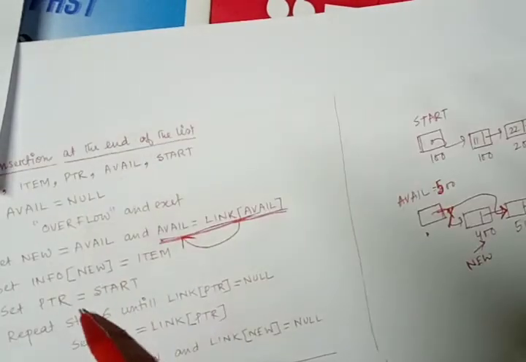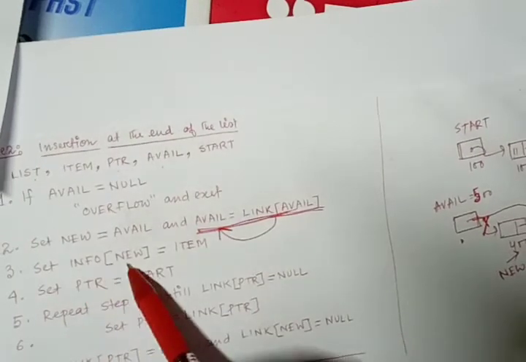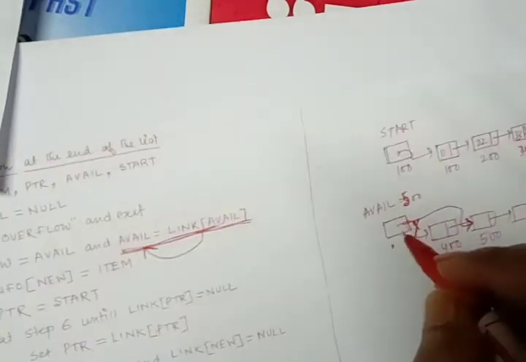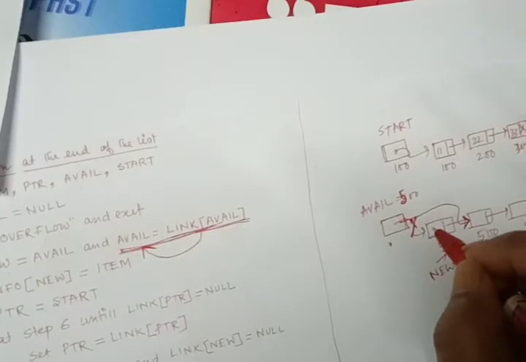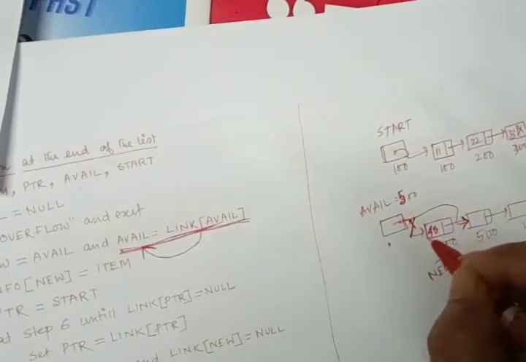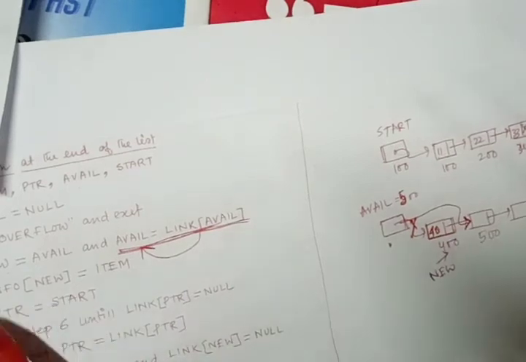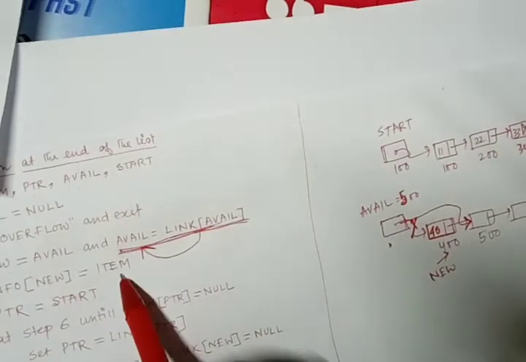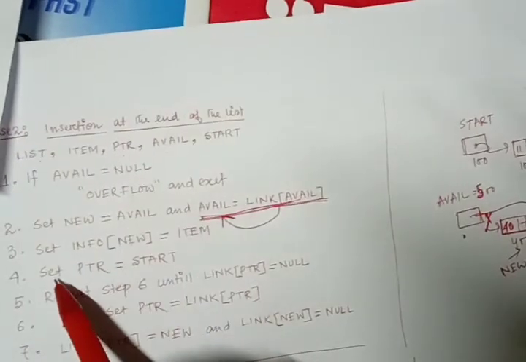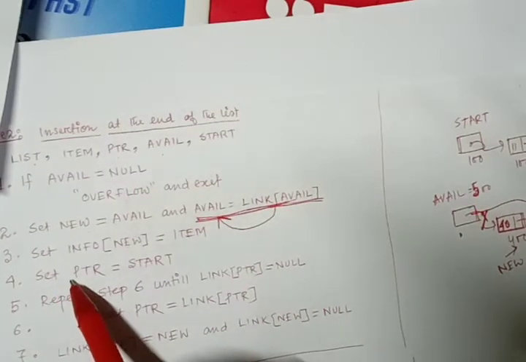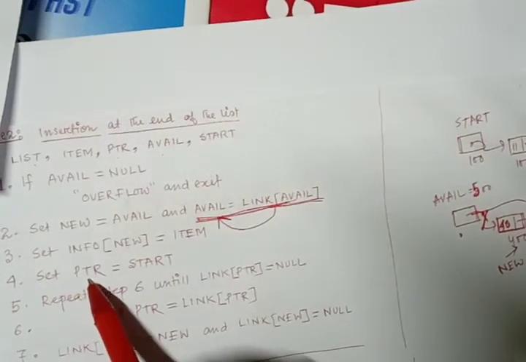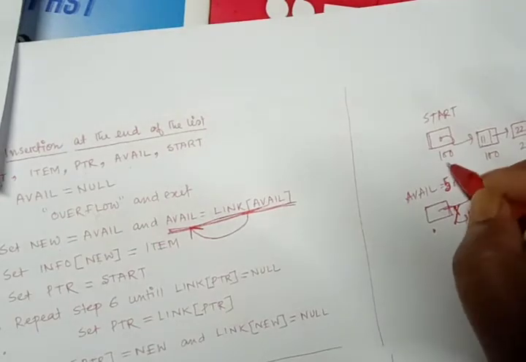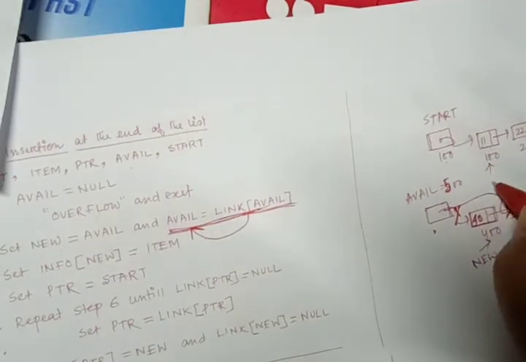Okay. Now the next line is set info of new equal to item. Suppose we want to insert an element 40 at the end of the list. So we insert 40 at the information part of new. Then again we set the pointer variable ptr equal to start. So suppose the pointer variable ptr resides here.